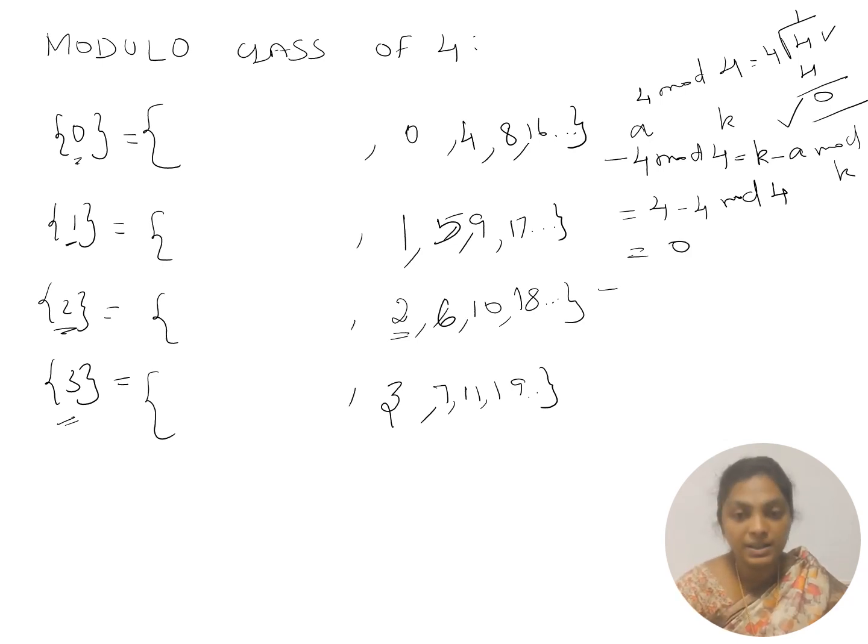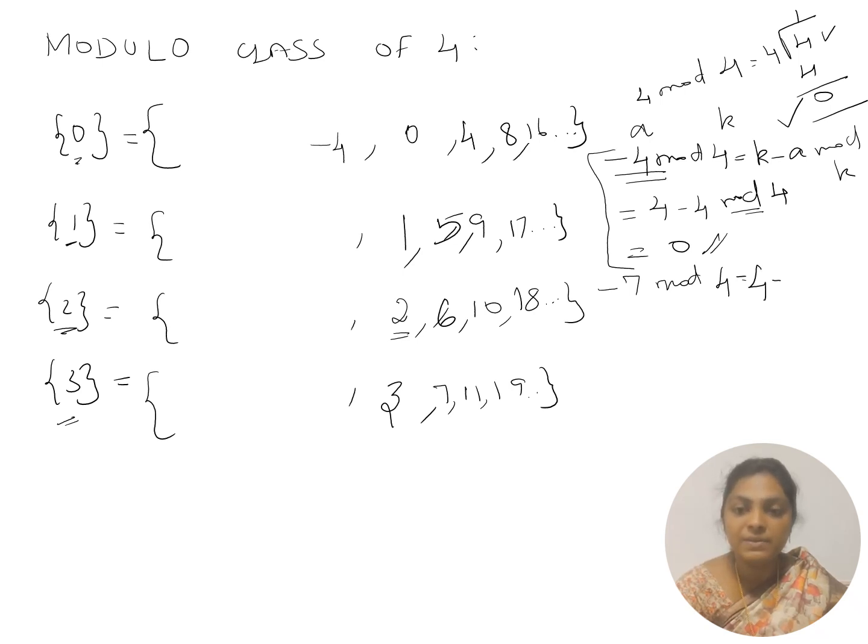Let us do another example: minus 7 mod 4. Once again, from the previous inference, since the mod operator result is 0, the value minus 4 belongs to the 0 residue class. Now let us do minus 7 mod 4.